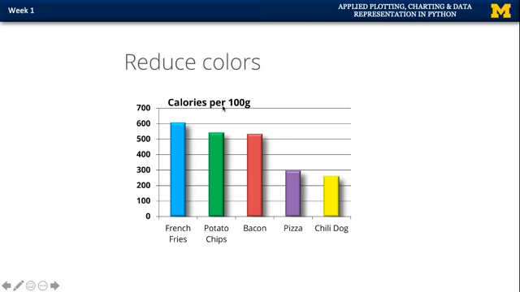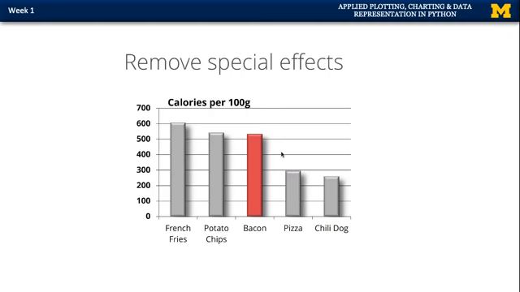Now colors are good to display, but we have to understand that there are some colorblind people, so they cannot understand different colors. You can use patterns, but simply, let's say you use grayscale.